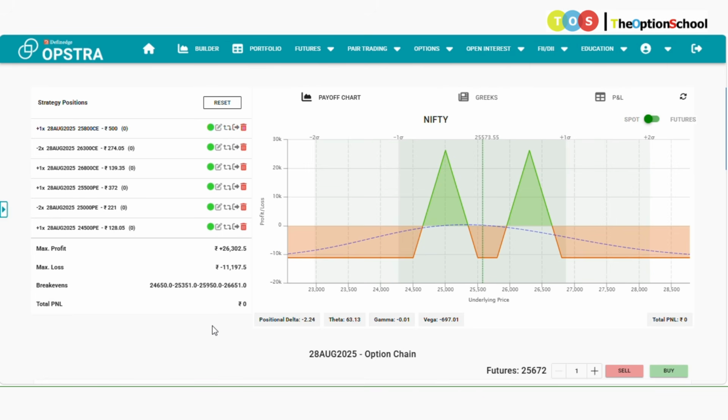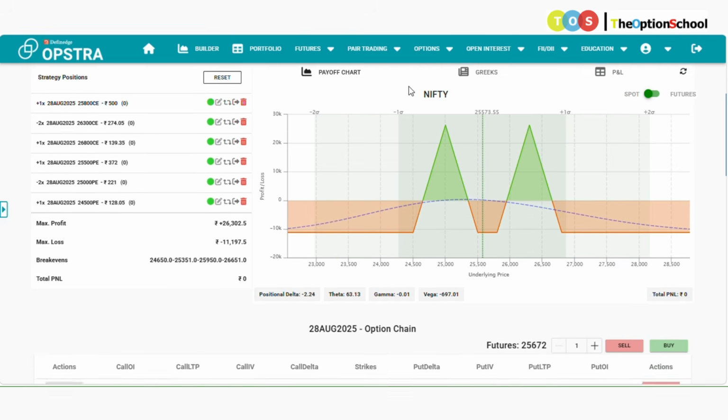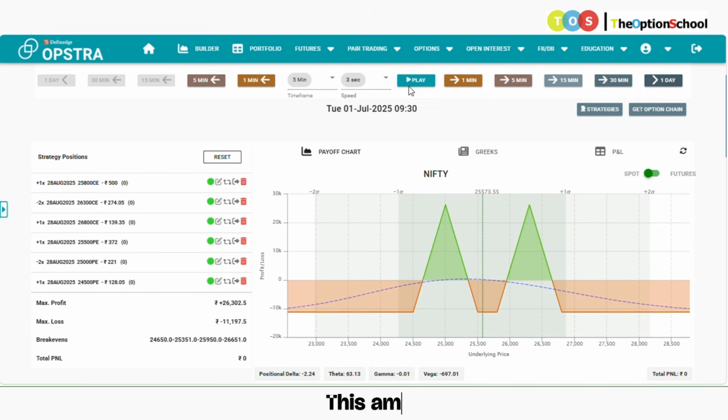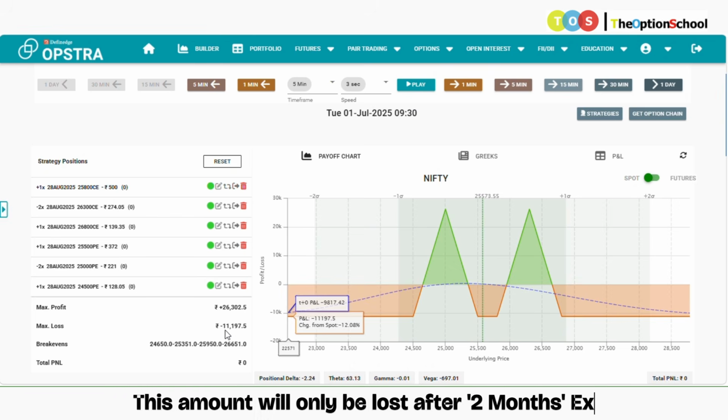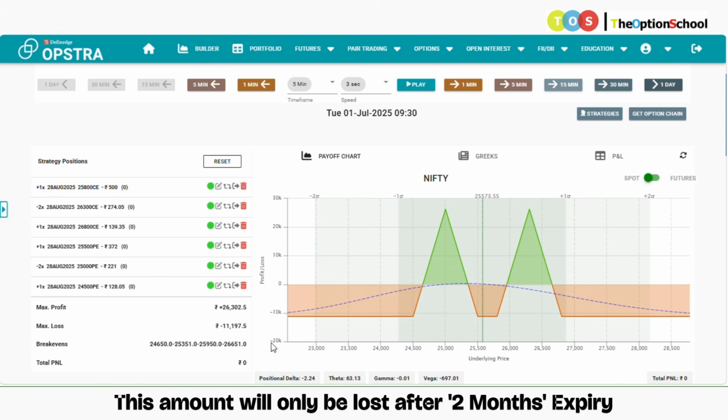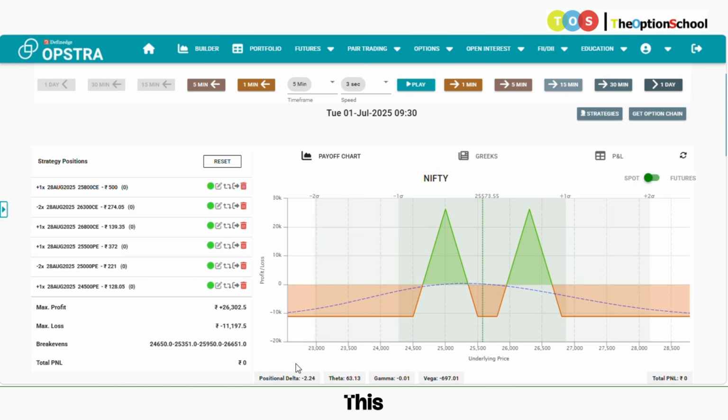But today we are discussing doing this trade without any adjustments. And I am comfortable that 11,000 will go only on 28th August on expiry. If I get out of the trade by 15th August or 20th August, I may not be losing 11,000 at all. My losses will be much less.